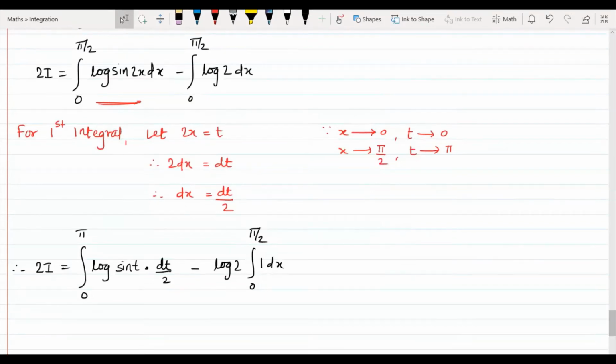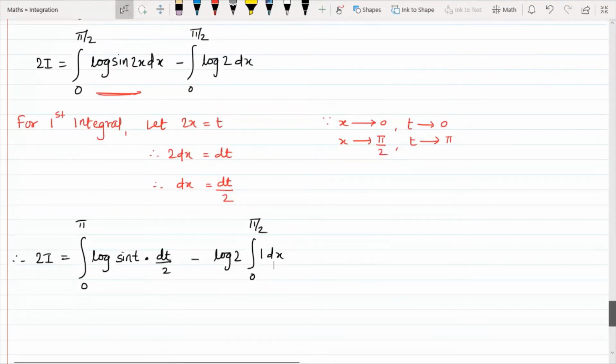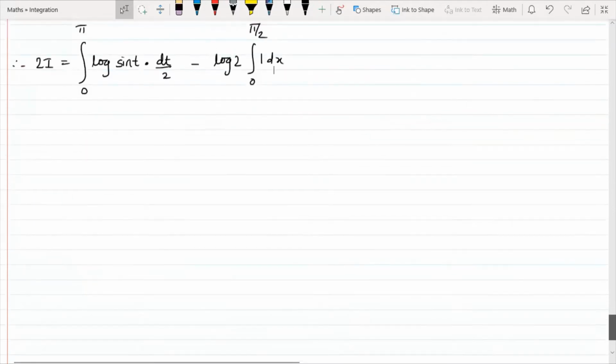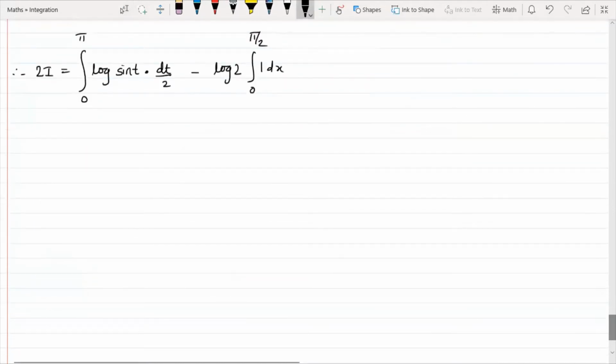Now what to do further? In next step, what I can write for the first integral is 2I is half of this. 1 by 2 I have taken outside the integral. And then these limits, if you observe, I have changed a bit.